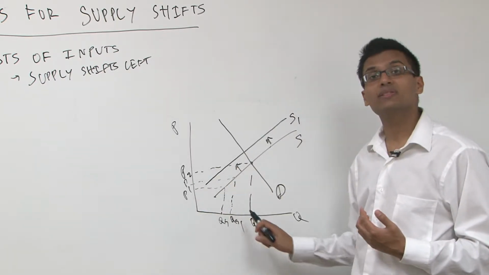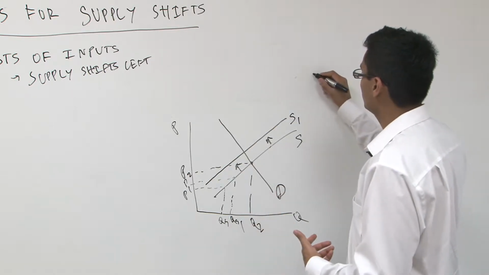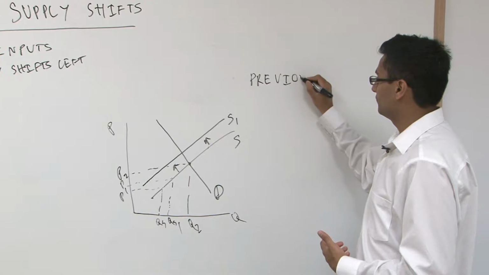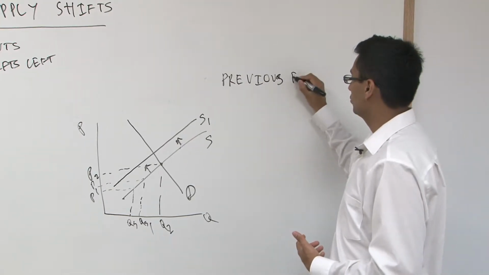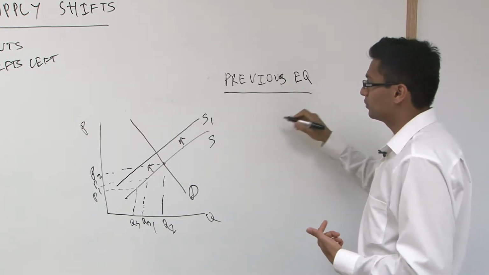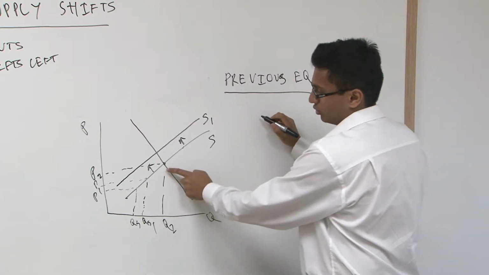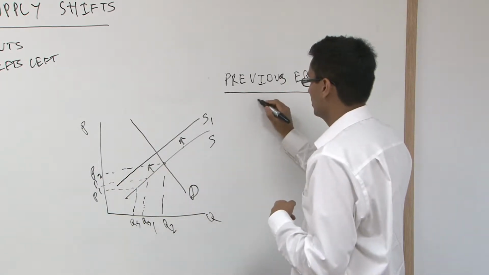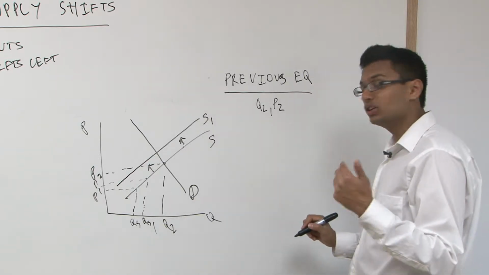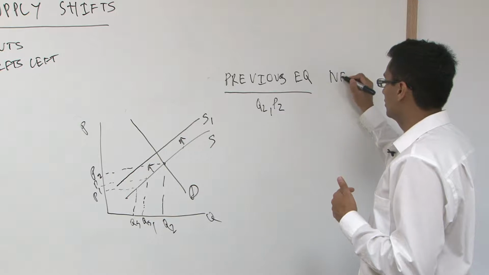P2 and Q2 were the previous equilibrium. I can write that for you guys: previous equilibrium. EQ stands for equilibrium. The previous equilibrium was at Q2, P2.